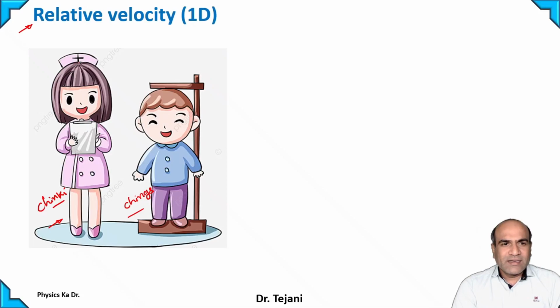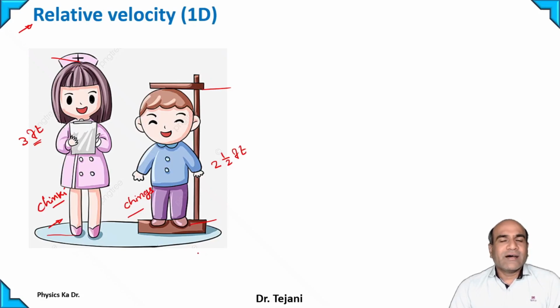Now see that Chinky, suppose, is 3 feet in height and this Chinks has a height of approximately 2 and 1/2 feet. Can we say the relative height of Chinky with respect to Chinks is this difference, 1.5 feet?